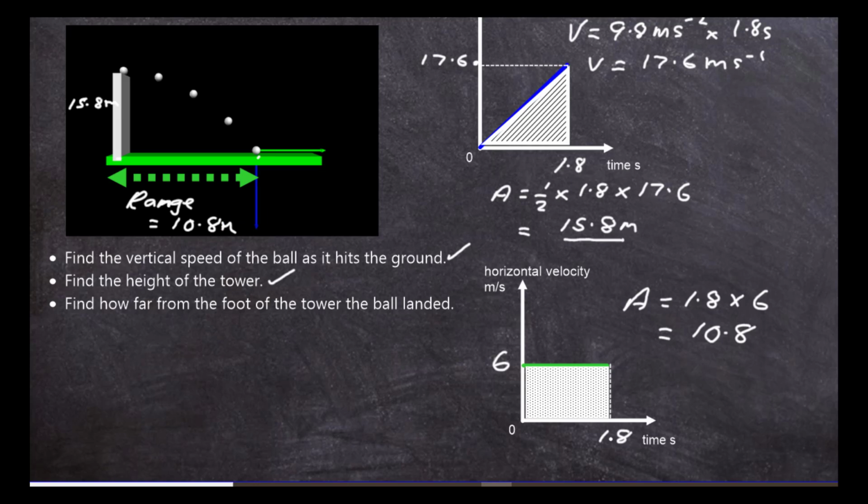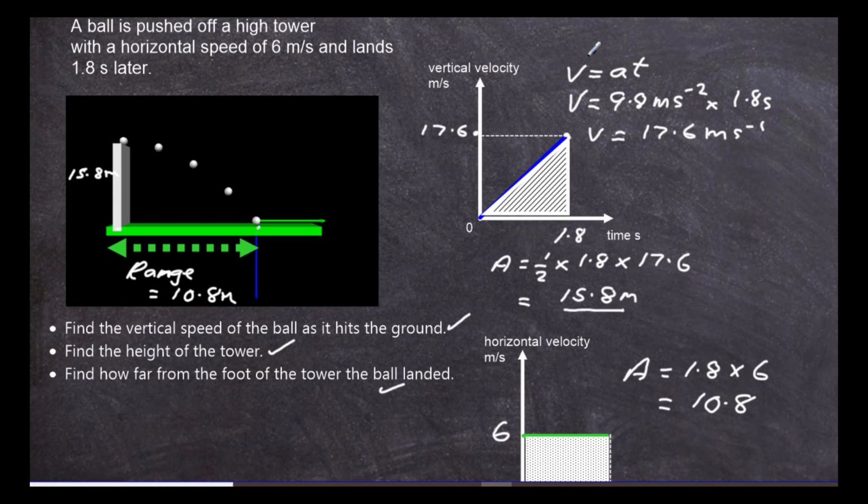So there we have worked out those 3 important questions just by relying on our knowledge of our graphs. You must know the horizontal velocity graph. You must know how to work out the area under the graph to give you the horizontal distance travelled by the ball or the projectile. The vertical velocity graph is a wee bit harder, but you can find the velocity at any particular point in time by knowing the equation, which is v equals at.